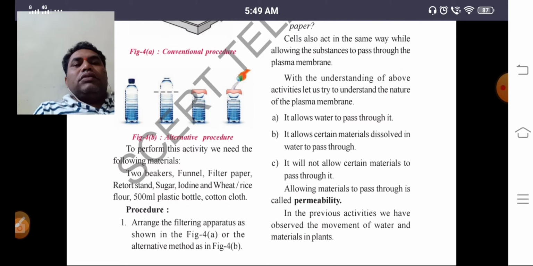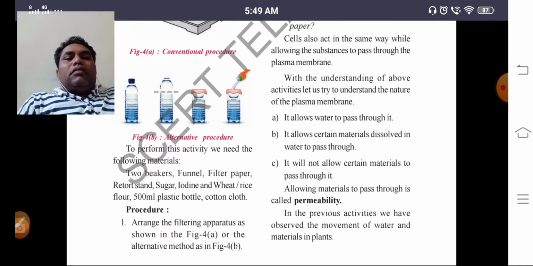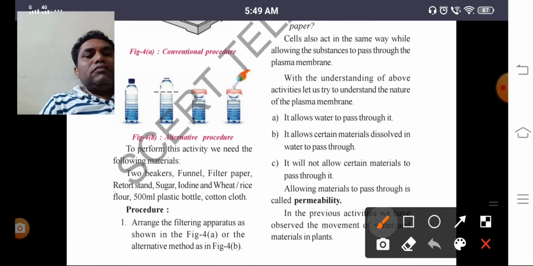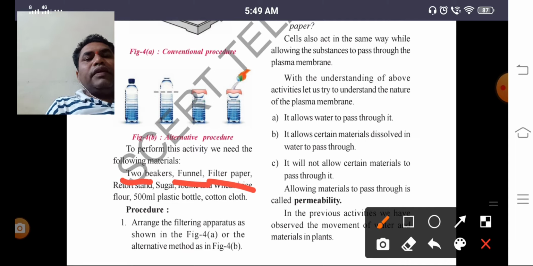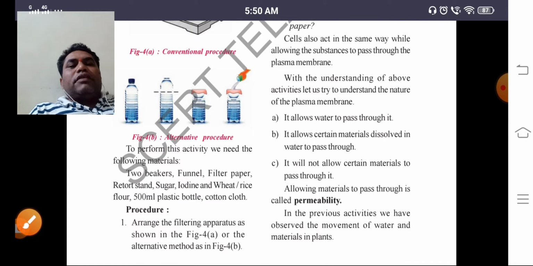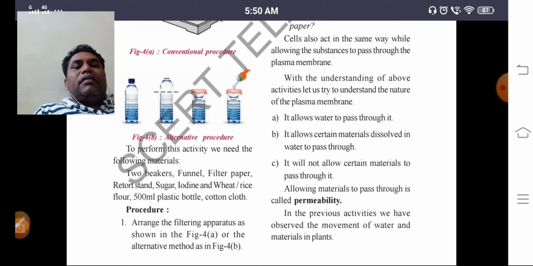For this activity we need the following materials: two beakers, a funnel, filter paper and a stand, sugar solution, a 500 ml plastic bottle and cotton cloth. Procedure: arrange the filtering apparatus as shown in the figure, and the alternative method in figure B.